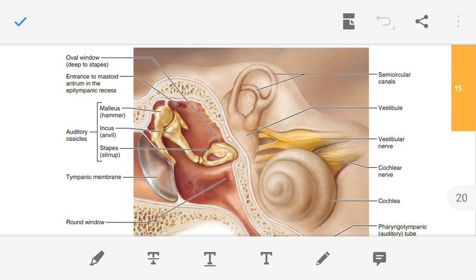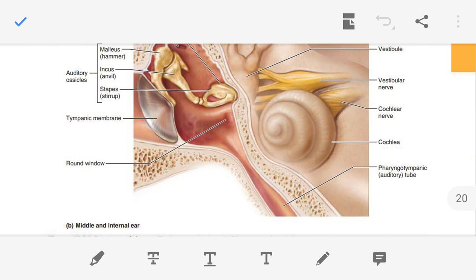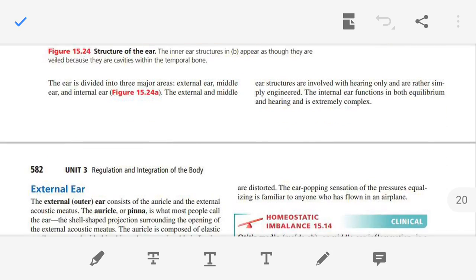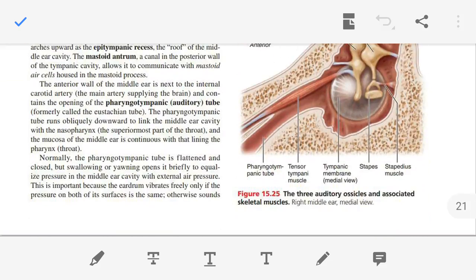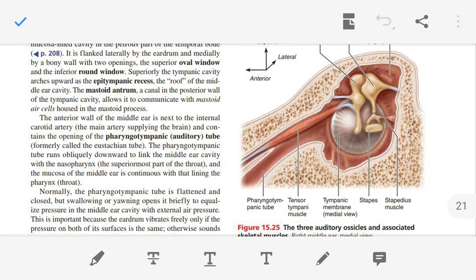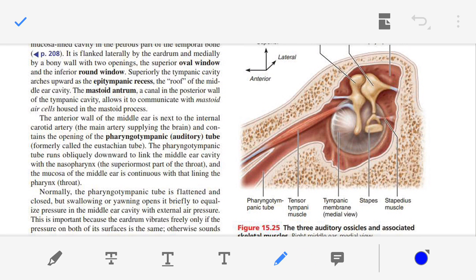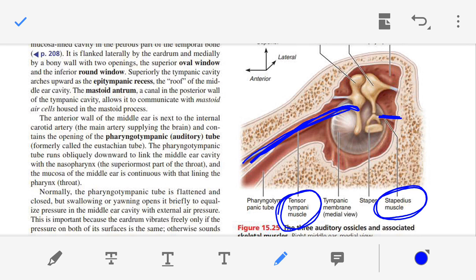In this figure, see, this one is the tensor tympani muscle, and this one is the stapedius muscle.